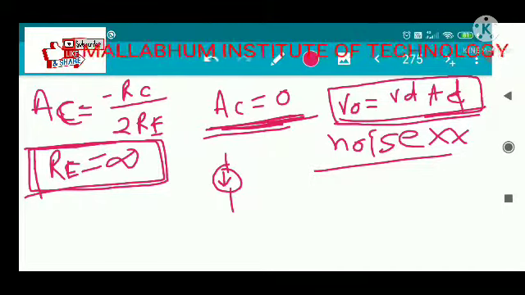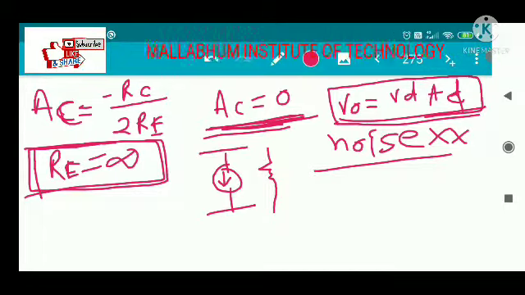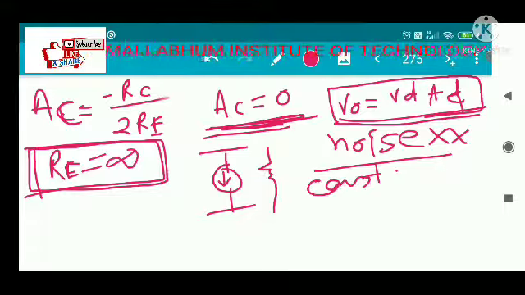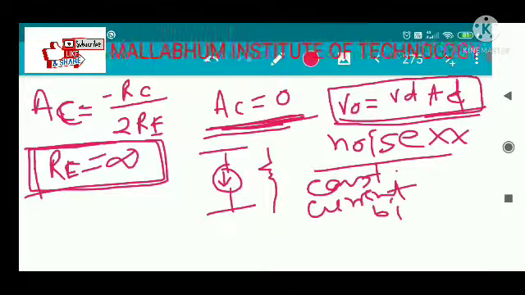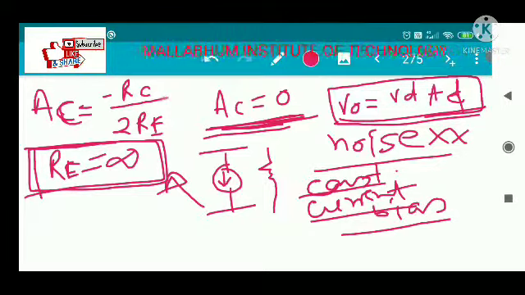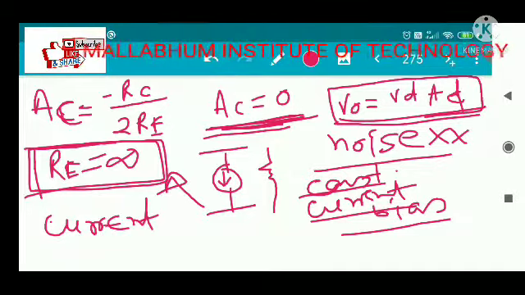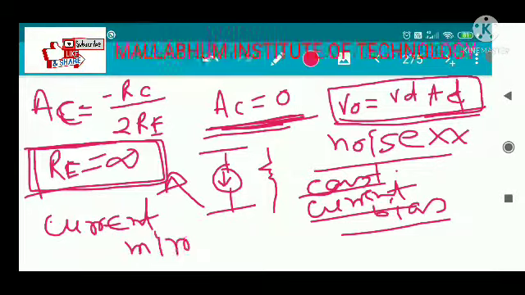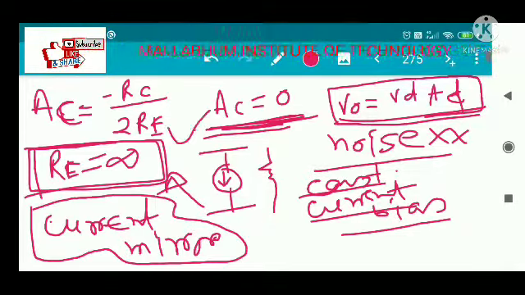Previously there was RE, so for that we place a constant current source, or the constant current bias. So in the case of the constant current bias, this condition will be achieved. So this is the current mirror circuit. In any integrated circuit chip, current mirror circuits are used here and there. Okay, so this is the use of the current mirror circuit. Why we use the current mirror circuit? Okay, so this is another topic.